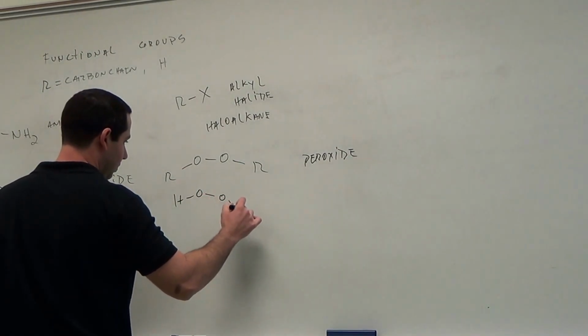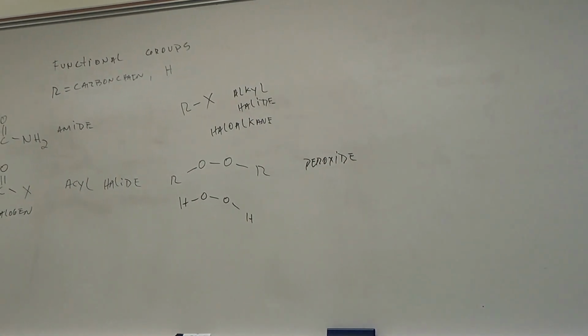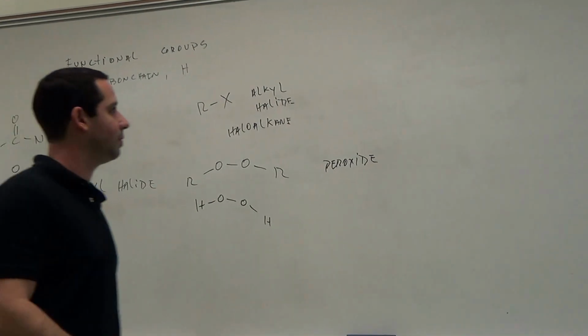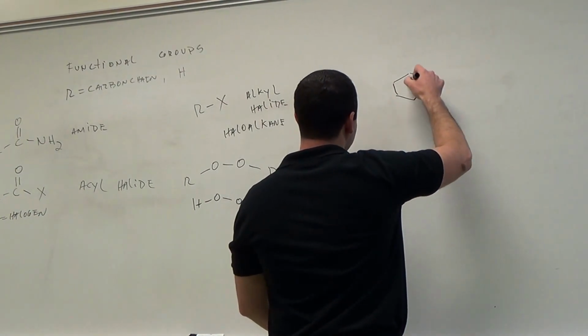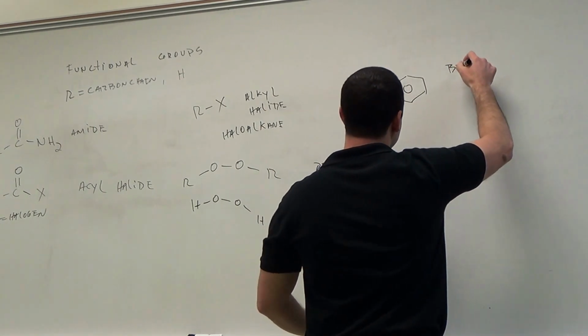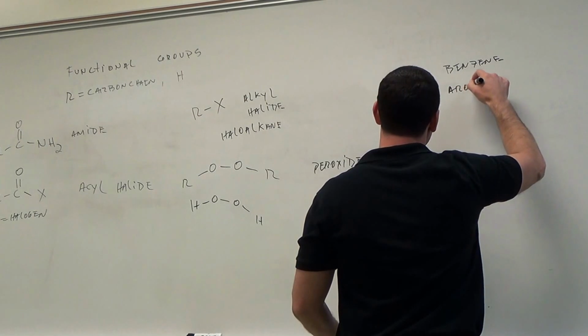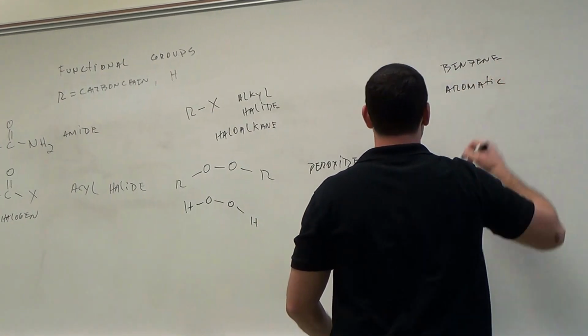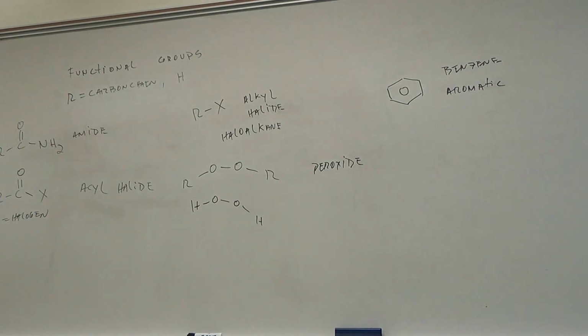Hydrogen peroxide. We have this, called a benzene ring. This is part of something called aromatics, which we're not going to have for a while, but you have to get used to that little picture. Okay?